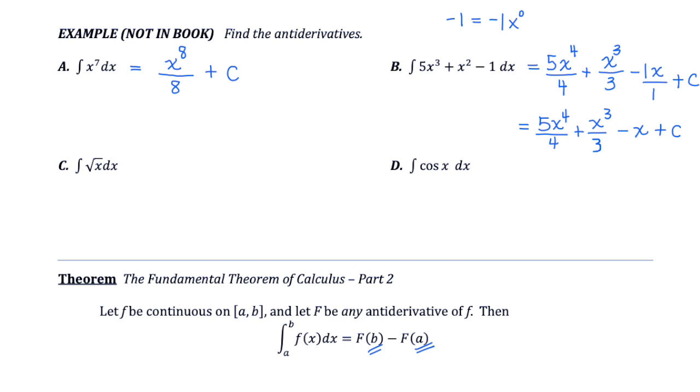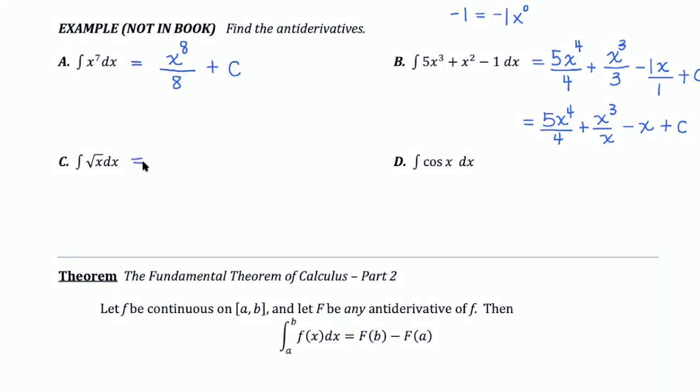All right, the antiderivative. Find the value of this integral. This one, before we can integrate it, we've got a square root here. And I have told you that we're practicing the power rule for integrals. So what gives? Well, as calculus students, you should be very familiar with the fact that the square root of x is equivalent to x to the 1/2 power. You're going to want to write it that way first. We have a rule for converting roots to fractional exponents.